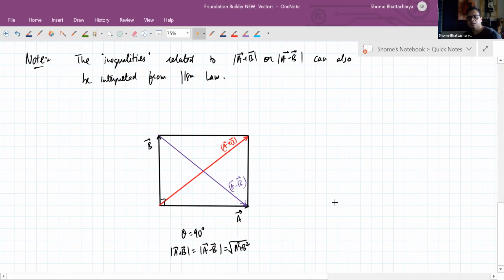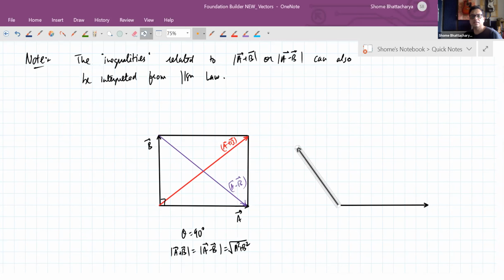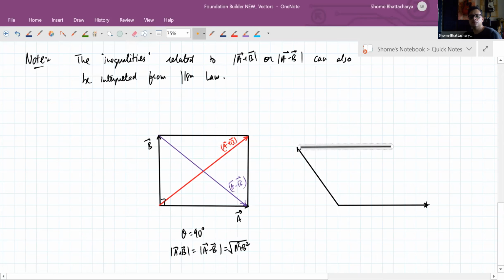something where the angle between the two vectors is obtuse. Yesterday we were discussing some questions based on this from worksheet 4. So now let's visualize those problems instead of doing them by algebra like we had done yesterday. Now let us say the two vectors have the same magnitude in both the diagrams, A and B. But in one case the angle between them, as you can see in the second case, is obtuse.